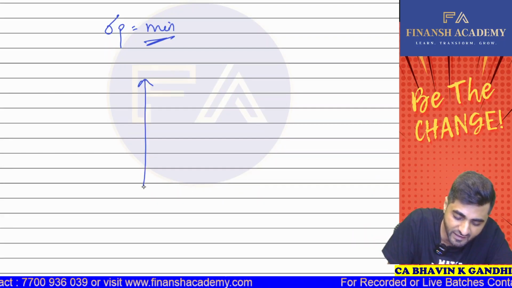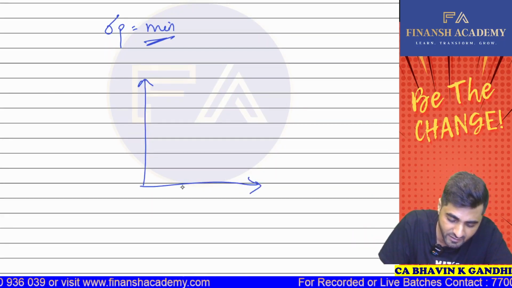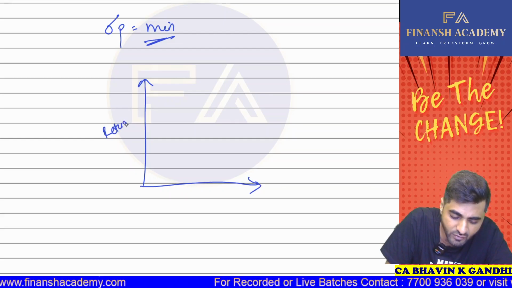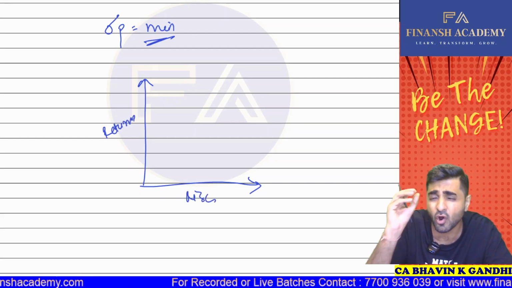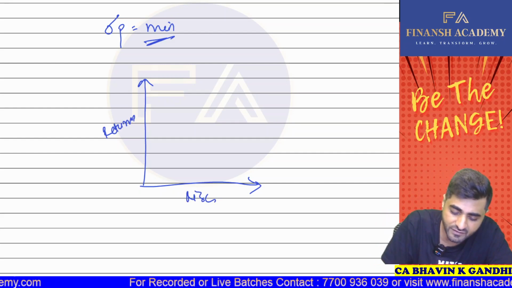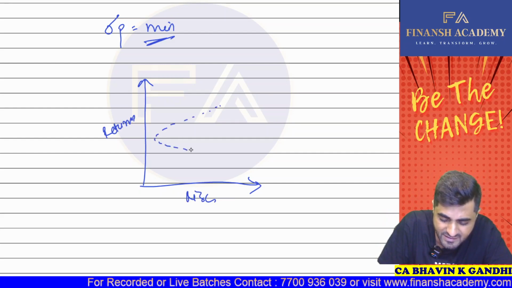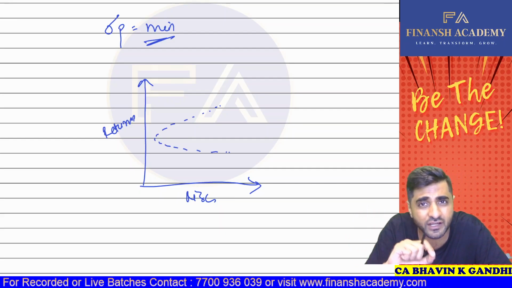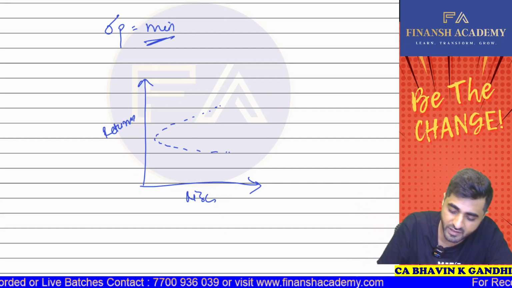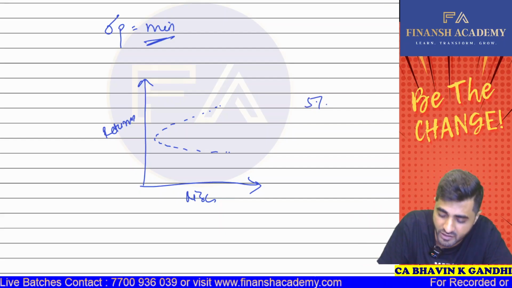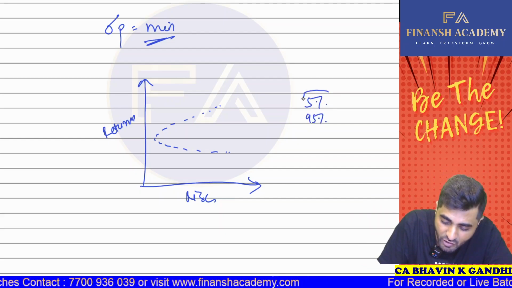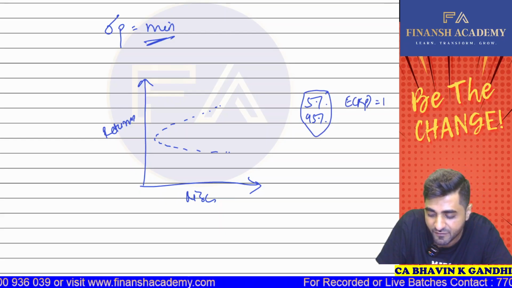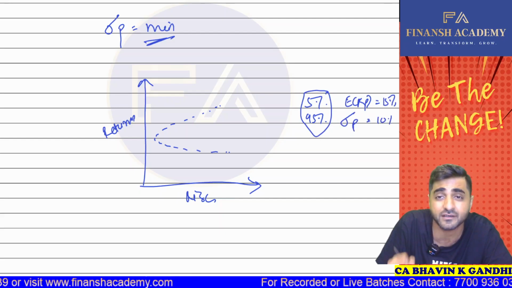Now, if I plot this in a graph, where I take, let's say, returns on one axis and risk on the other, then these portfolios can be plotted like this, because there can be multiple combinations of security A and security B. It can be, for example, 5% weight of security A and 95% of security B. In this combination, it is very possible that the return of the portfolio is 15% and the risk is 10%.